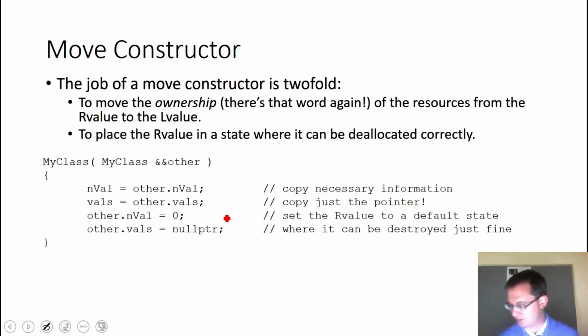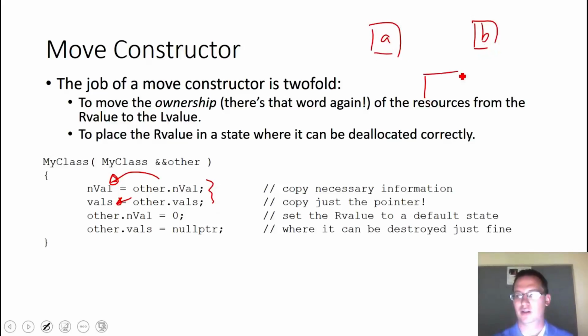And so here's an example of this. First off, we're going to copy inval from here to here. And then we copy just the pointer. So if this is A and this is B, B points to here, okay?